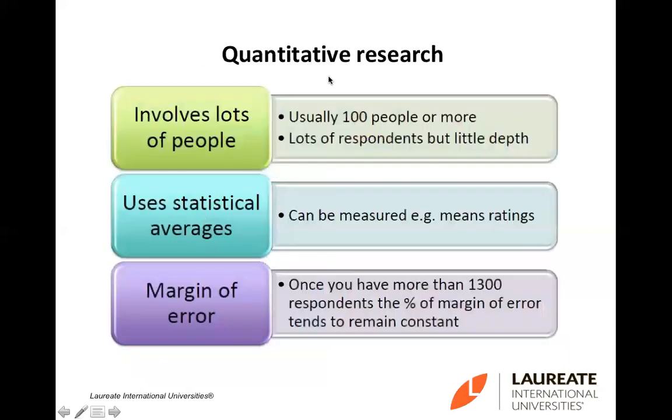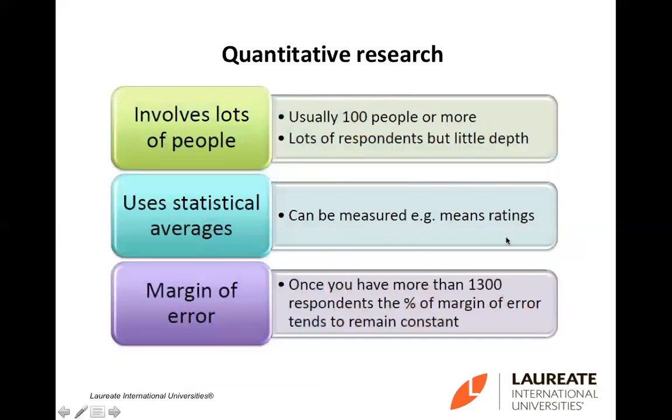Quantitative involves lots of people, normally 100 or more. Lots of respondents, but little depth. That's the beauty of quantitative. You cover lots of respondents compared with the FGD, for instance, focus group discussion, but it is going to be little depth.